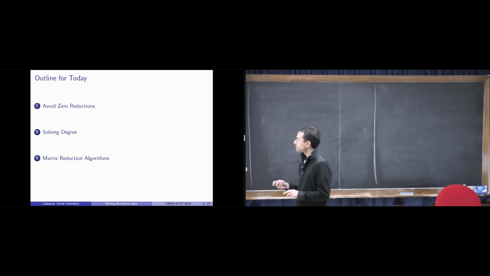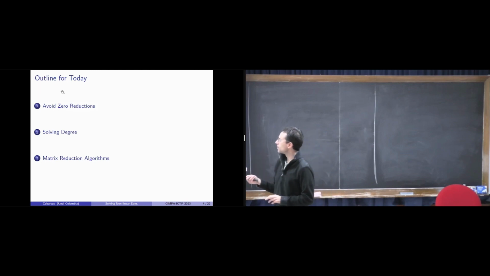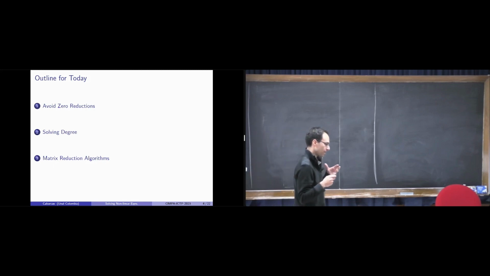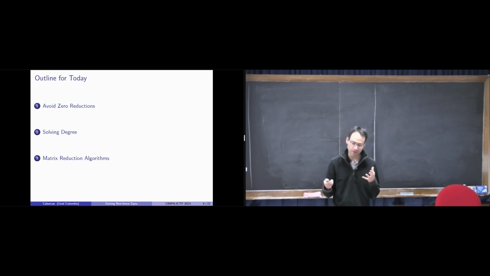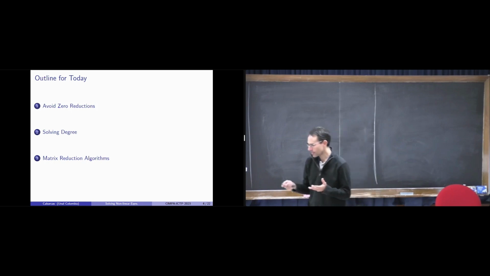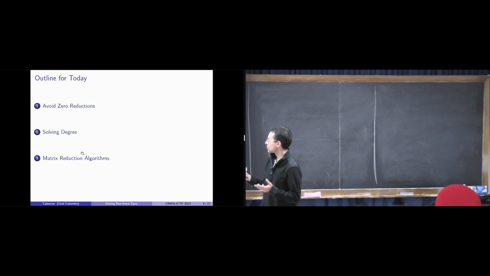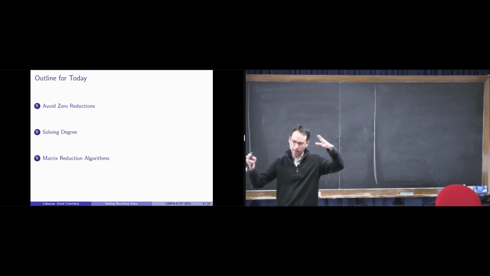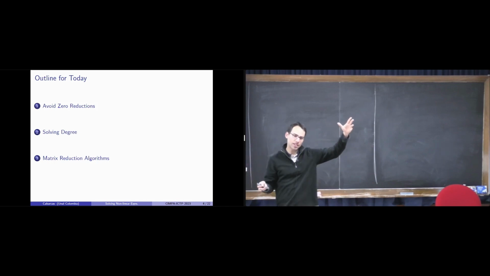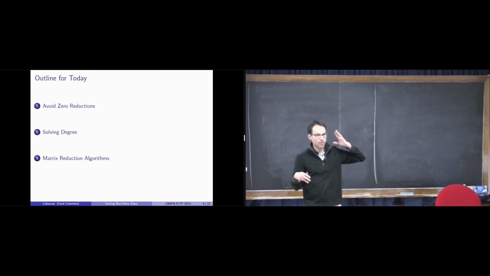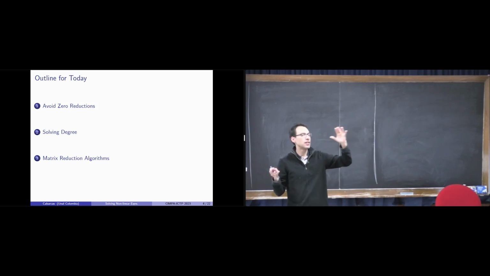Then tomorrow I'll talk about some measures of how expensive this is, and this has to do with the solving degree. As you've seen now, we keep constructing larger and larger matrices, and the complexity is going to be dominated by the Gaussian elimination on the largest matrix.